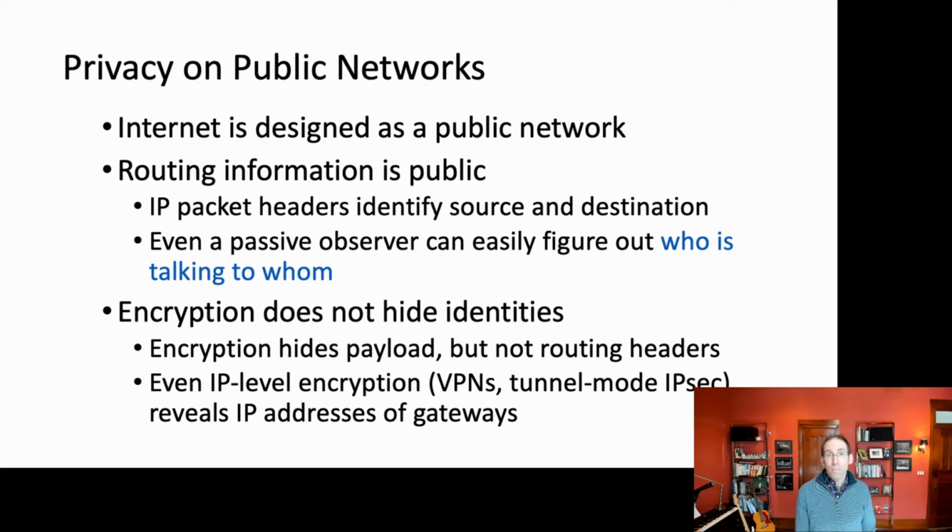Even if traffic is encrypted, sophisticated traffic analysis techniques can sometimes even help a passive observer or an adversary determine what content is being retrieved or even what is being said. So encryption doesn't hide endpoint identities. It does hide the so-called payload or the data in the traffic, but traffic analysis techniques also make it the case that encryption itself is not a panacea.